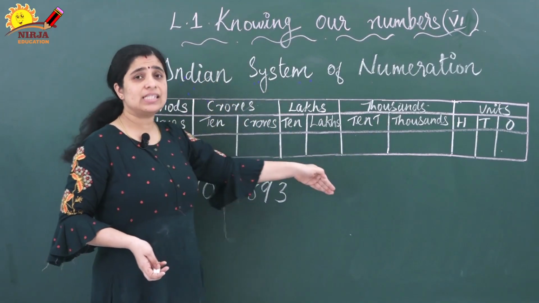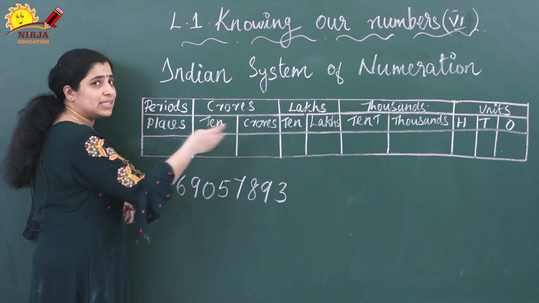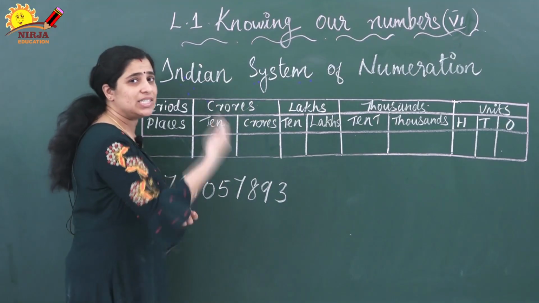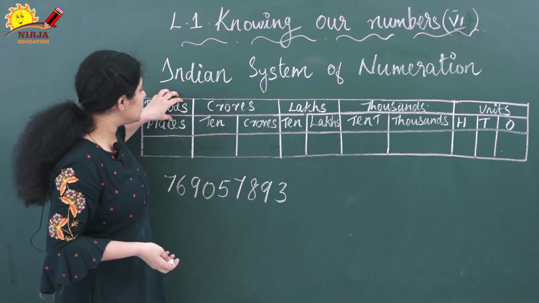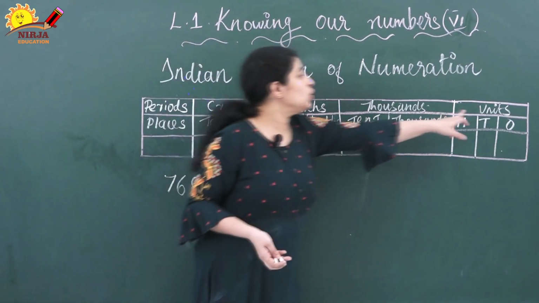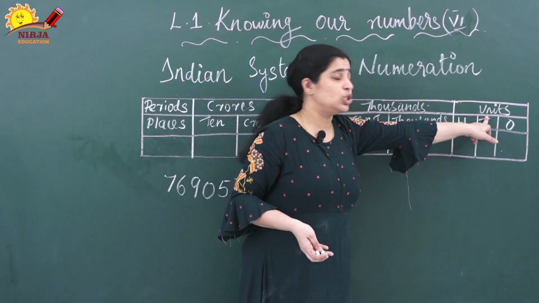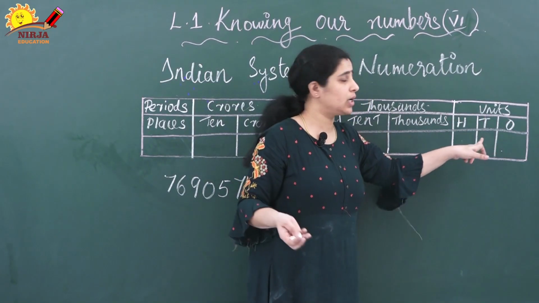This is again subdivided. That subdivision is known as places, that we already discussed. 1, 10, 100, like that we are counting. So the periods are again subdivided into places. The units are subdivided into 100, 10 and ones. These are the places that you already know.